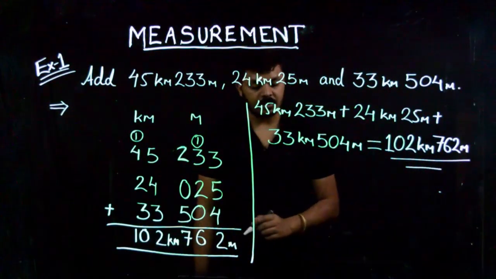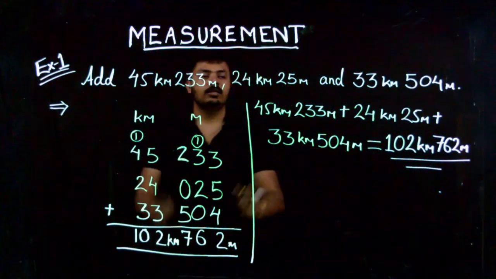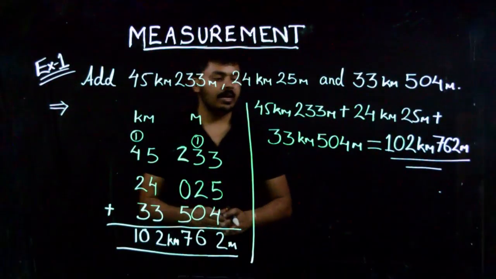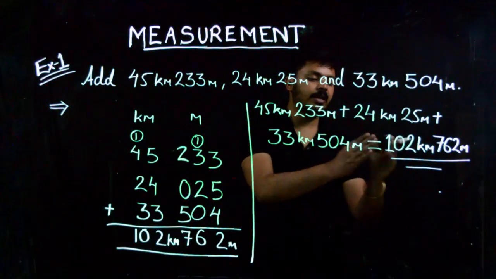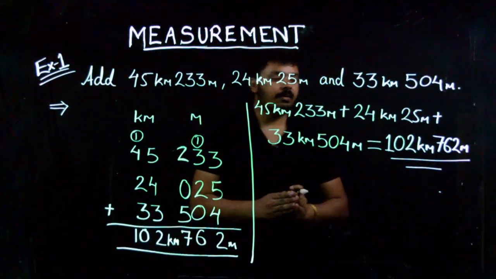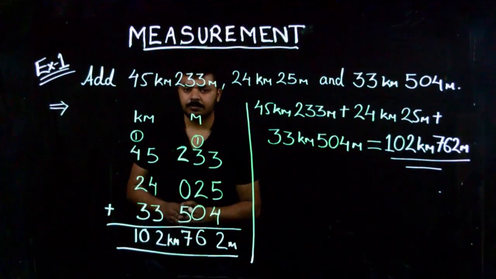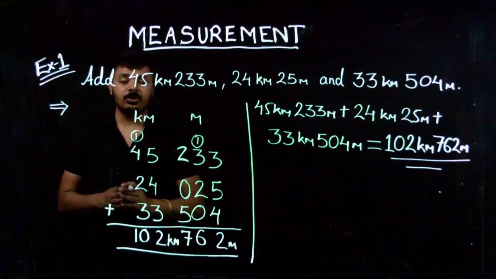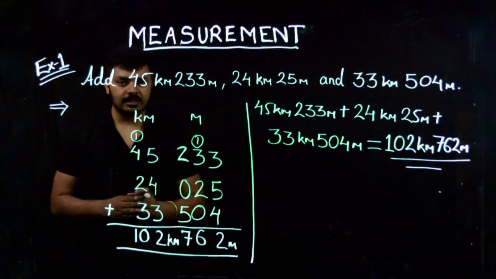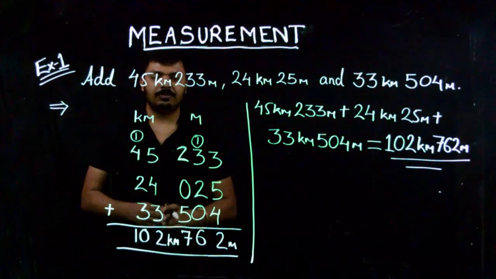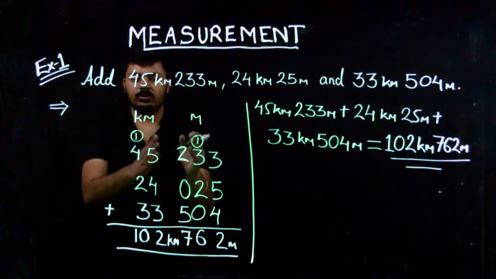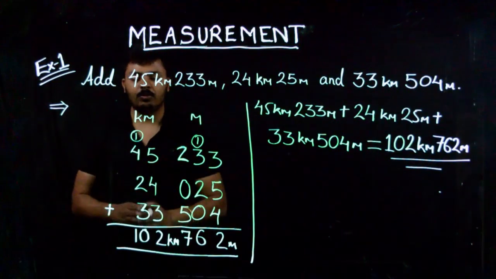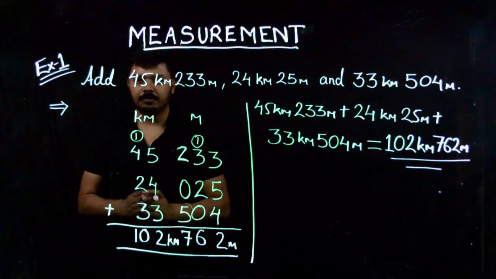So this is our answer. When we add the three distances, we get our resultant distance as 102 kilometer 762 meters. So I hope students you have understood how we added the three distances in kilometer and meter form. We have to make two separate columns for meter and kilometer and add them accordingly.